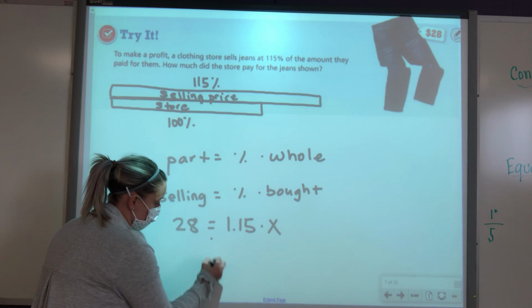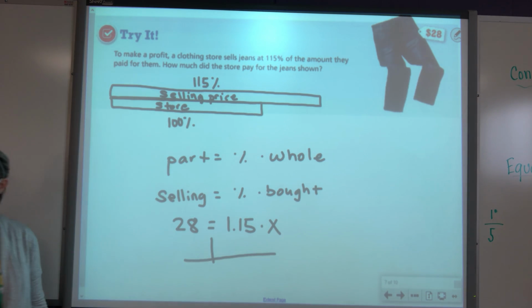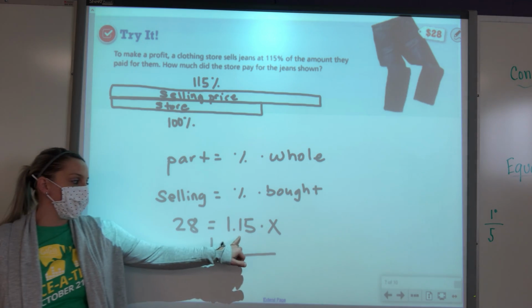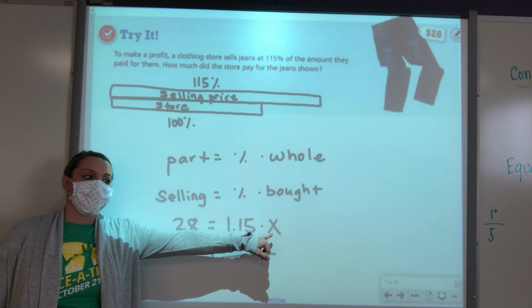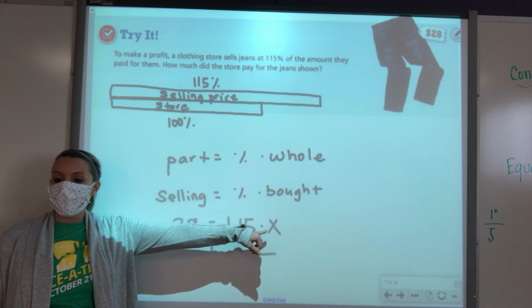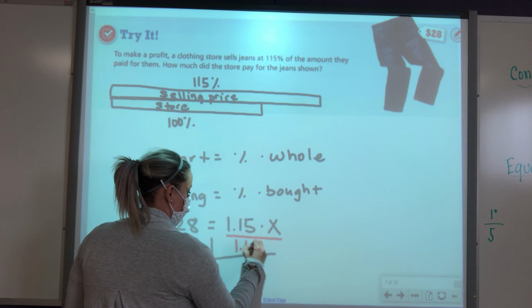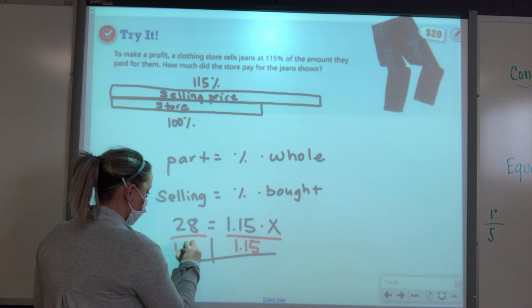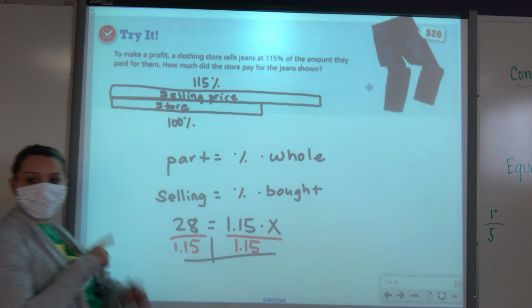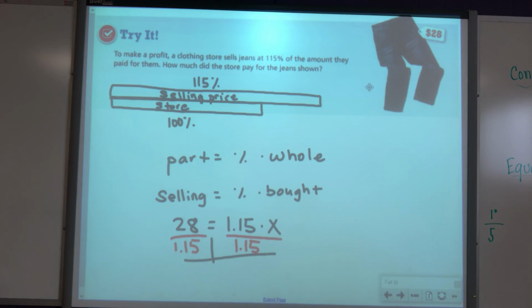So I do my upside down T. 1 and 15 hundredths is being multiplied by x, so what's the inverse? Dividing. Are you guys continuing to see why we switched books? Why we did equations first and now we're going back to this?